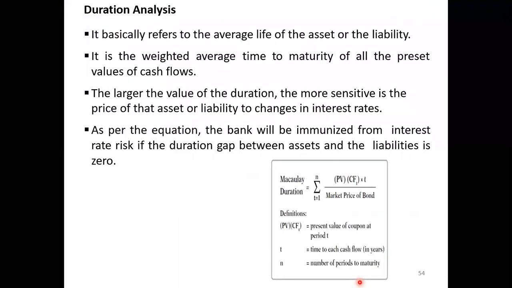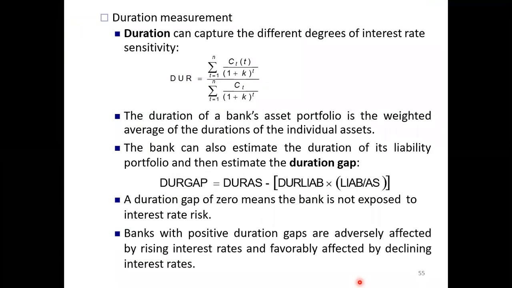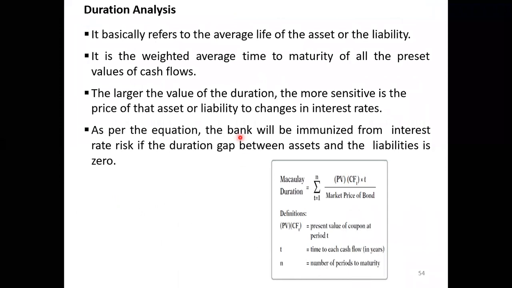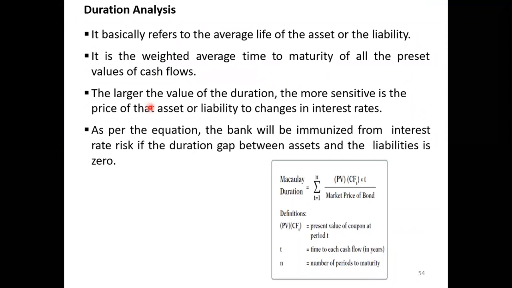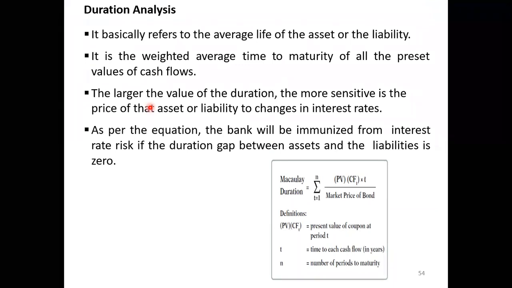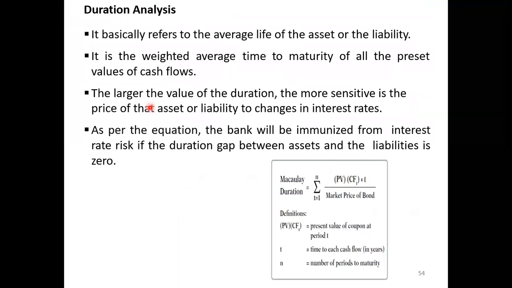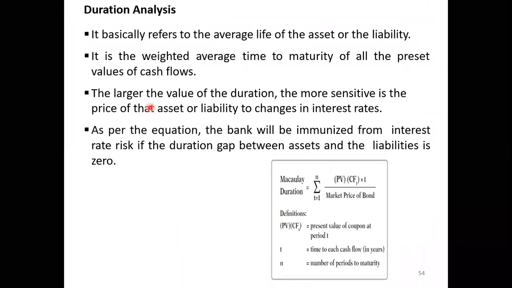And next, we'll discuss the duration analysis. Duration, in simple terms, we call it average period, average maturity. When we look at the portfolio of assets of a bank, it consists of different types of assets with different periods of maturity.